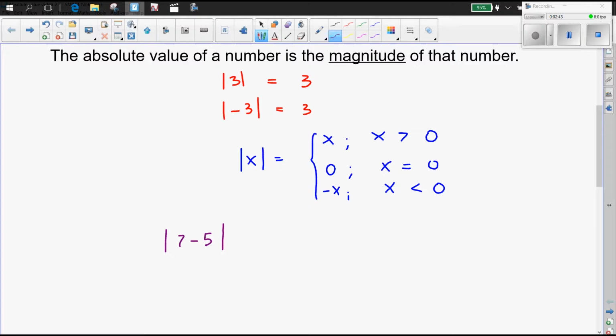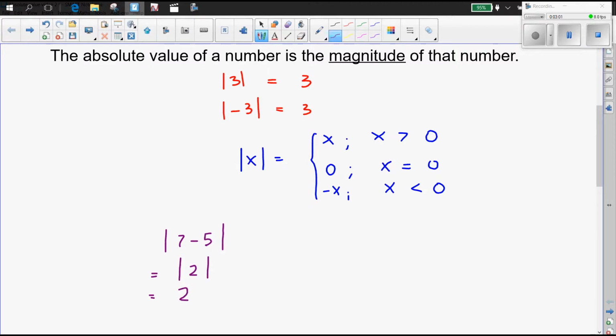So we say that the absolute value of 7 minus 5 is the absolute value of 2, and the number 2 is 2 units away from 0 on a number line, or the distance between 0 and 2 is 2 units, so the absolute value of 2 is 2.